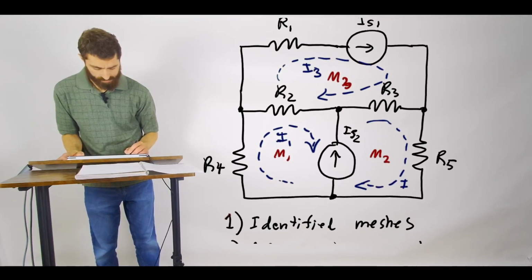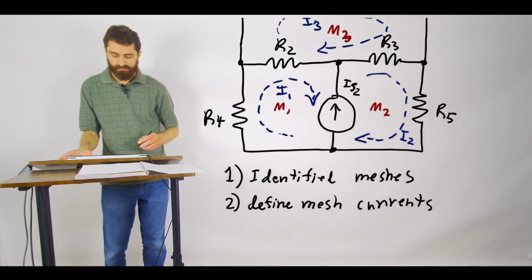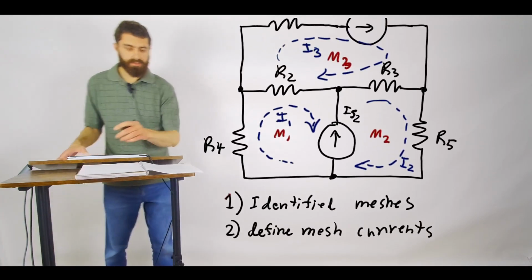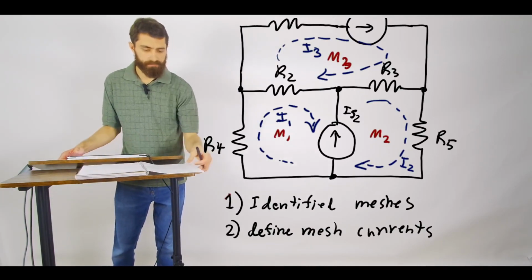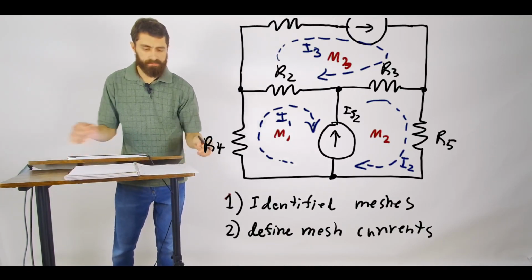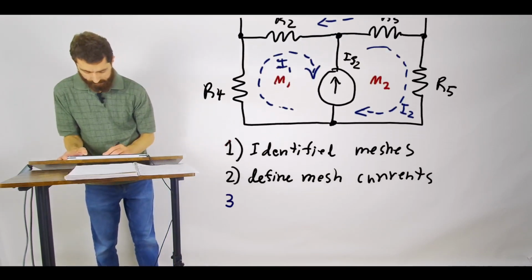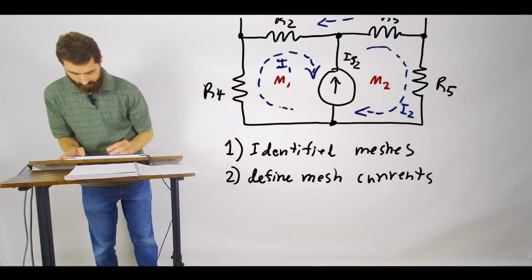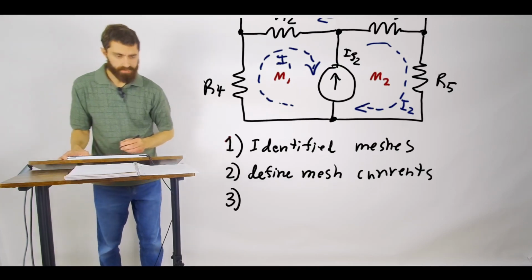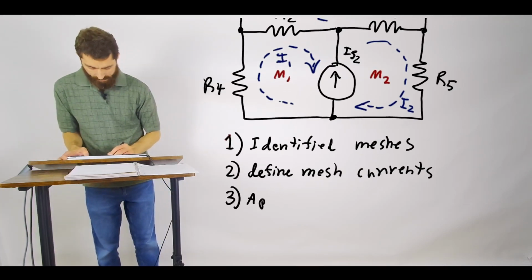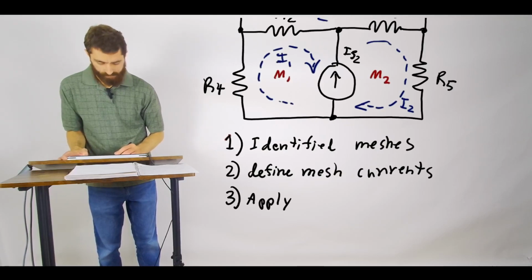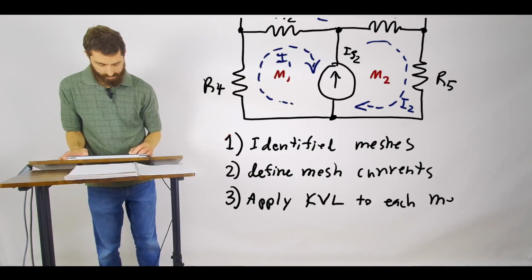And this is I2. So we define our mesh currents, and then our step 3 is to apply KVL to each mesh.